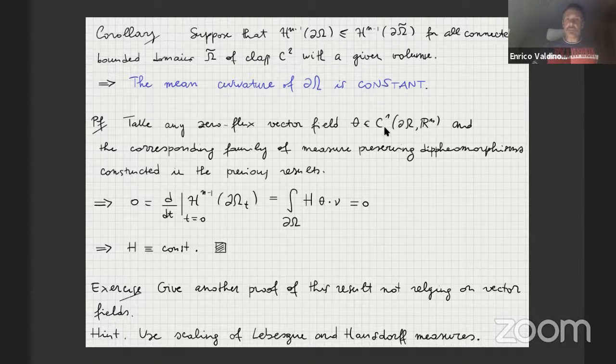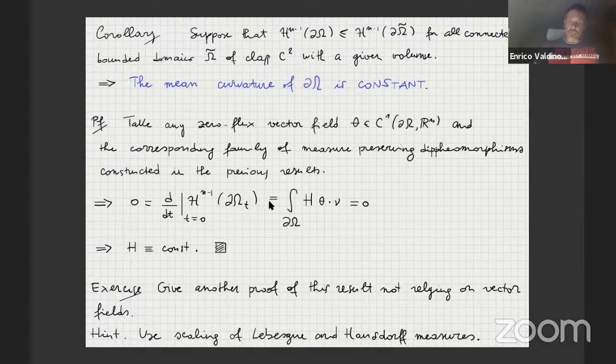Then in this way I have a competitor. So if omega is minimal, or even if it's a stationary point for the surface area with respect to sets with the same volume, then the first derivative is going to be 0. So here I'm using minimality, or if you like, a criticality of the minimizer.